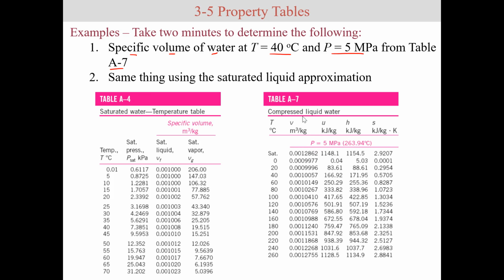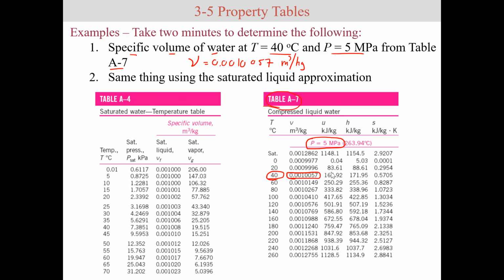Here's an excerpt from table A7. Pressure, 5 megapascals. Temperature, 40 degrees Celsius. What is the specific volume? Specific volume is 0.001057 meters cubed per kilogram. Great.